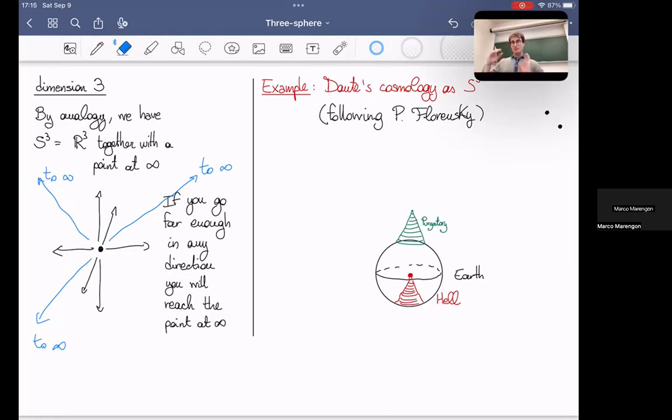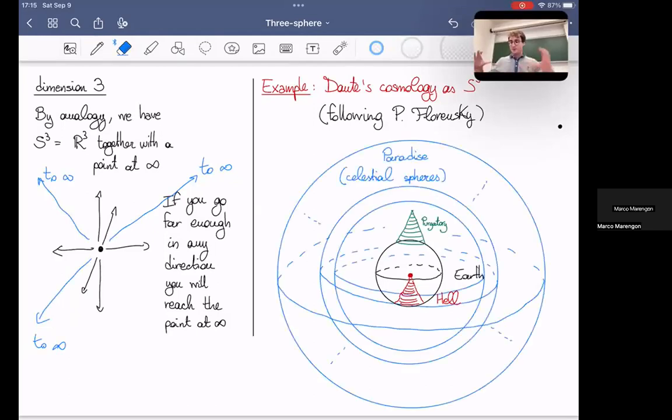And then purgatory is just another pyramid that sits on Earth on the opposite side of hell. And then all around Earth are the various spheres that make up paradise. So the heavens are concentric circles that are one inside the other.